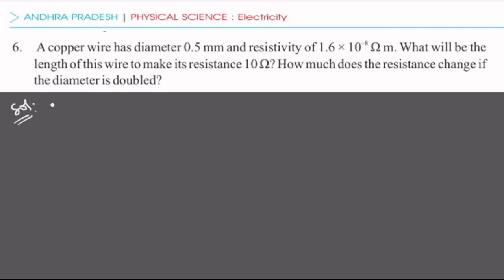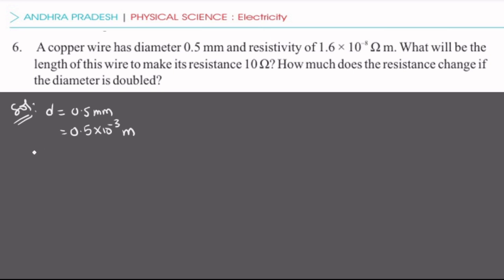The diameter is given, how much? 0.5 millimeters. If we change it into meters, we get 0.5 into 10 power minus 3 meters. So this is the diameter. See, actually to solve this problem we want the radius.